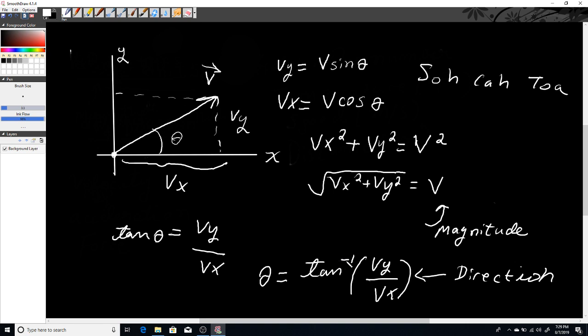So I also quickly want to introduce this idea of how to sort of write out a vector in vector form. So how to take this vector and write out the proper vector form. So when we look at these vectors in two-dimensional space, we have what are called unit vectors.